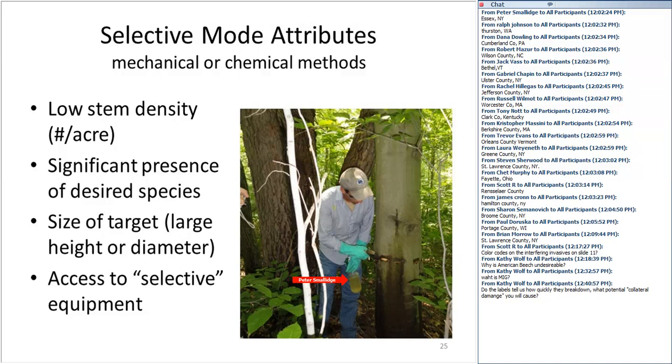So there are material safety data sheets, and there's other information. If you do a Google search for glyphosate or for Rodeo or for triclopyr, you can get information about the breakdown. In terms of the collateral damage, that's in large part how you actually apply it.